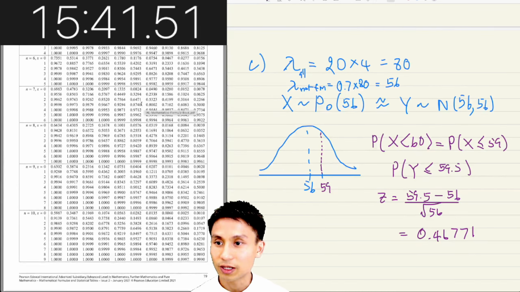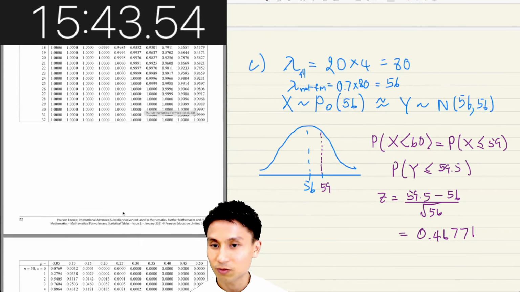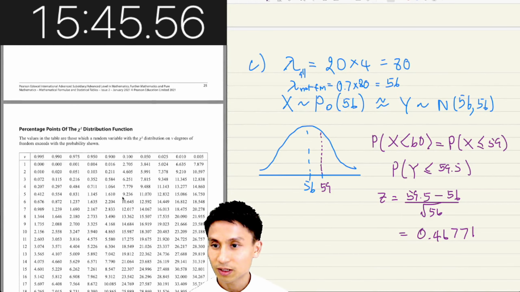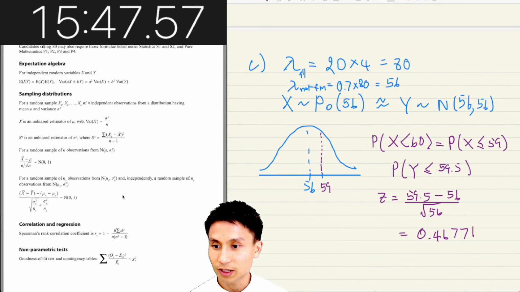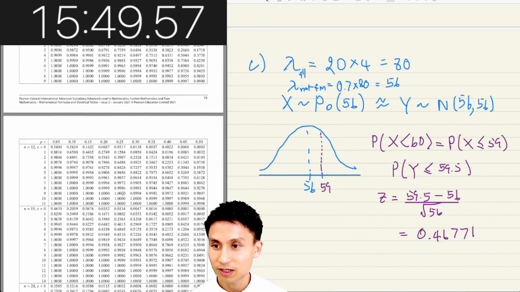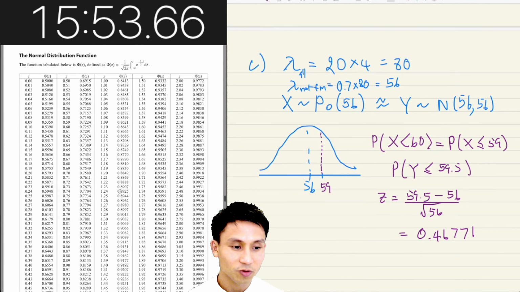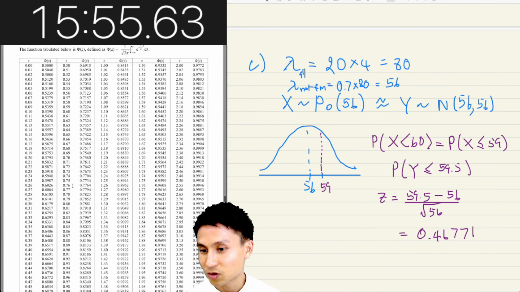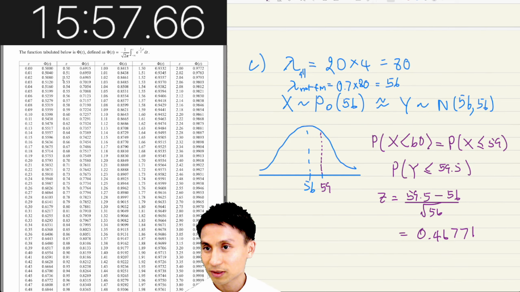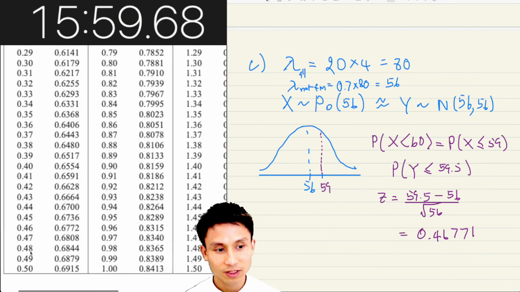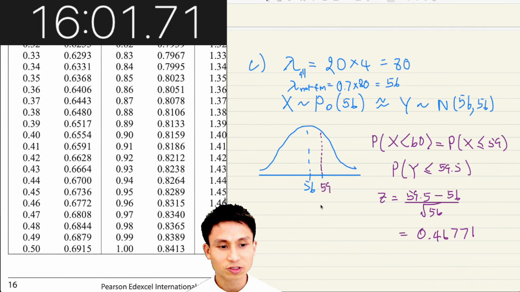Wait, hang on, the bell curve probability, where's that? Okay, it's here. So 0.4677, I'm just going to give it 0.47, right, guys?